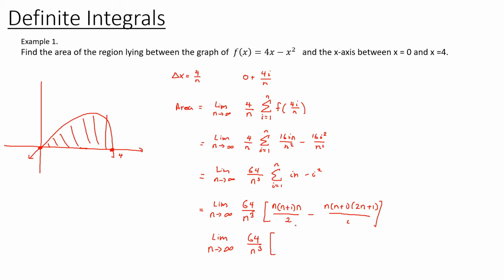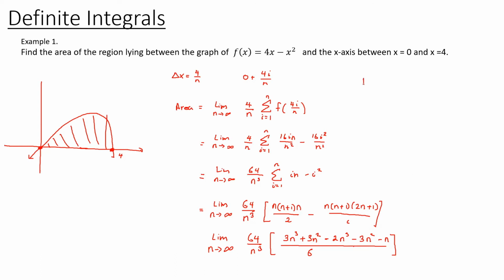Now I'm going to make this a common denominator right away, so everything is over 6. That means on the first term you have to multiply by 3. So we'll have 3n to the third plus 3n squared minus 2n to the third minus 3n squared minus n. Again, these are negative because you're distributing the negative 1.